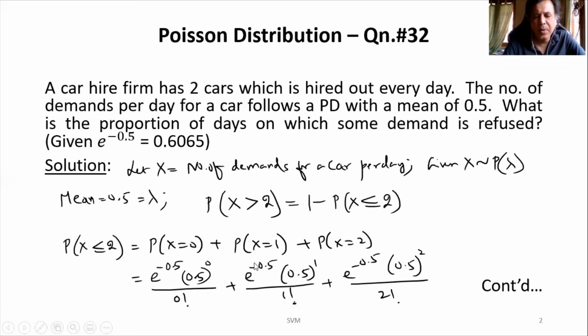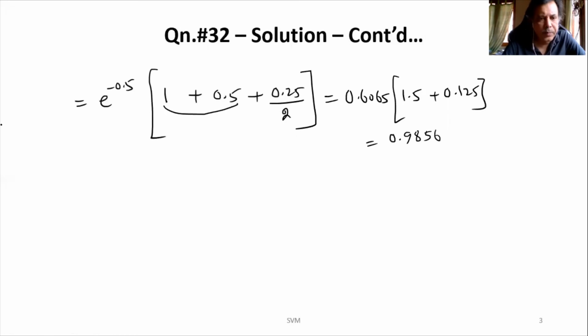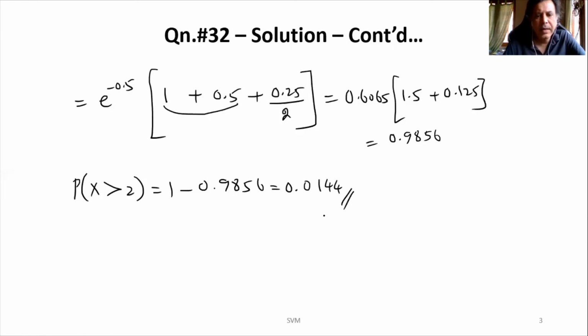So let me write probability of x larger than 2. Probability of x larger than 2 is 1 minus of this, whatever we evaluated. So that will work out to 0.0144. So that is the required answer.